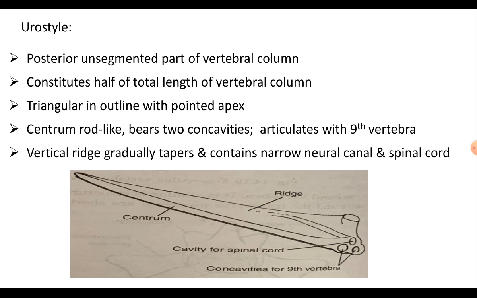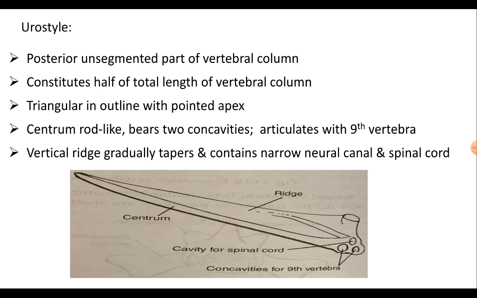It has a broad anterior end and a tapering posterior end. On the dorsal side, it has an elevated prominent structure called the keel or the ridge, which extends nearly up to the posterior end. In the urostyle, the centrum is rod-like and bears a pair of concavities on the anterior face for the articulation with the ninth vertebra.